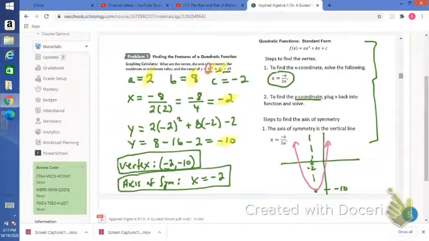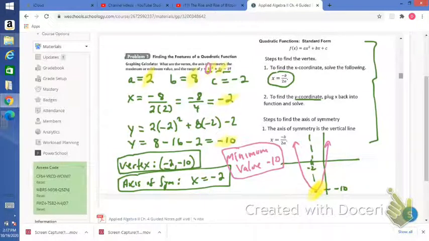Because it opens up, that point right there, the vertex, is a minimum value. So we have a minimum. Don't ask, this is why I'm writing in pink. So we have a minimum value. What's the y-coordinate of that vertex? It's negative 10.